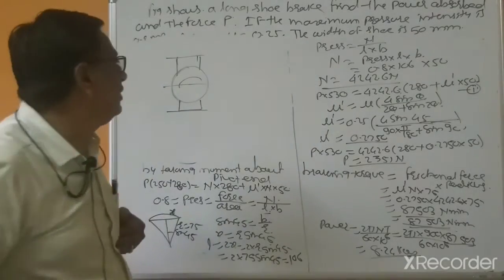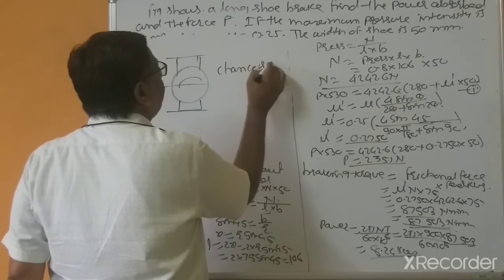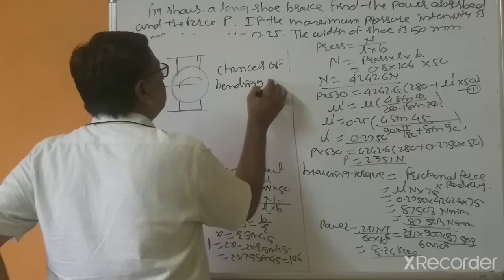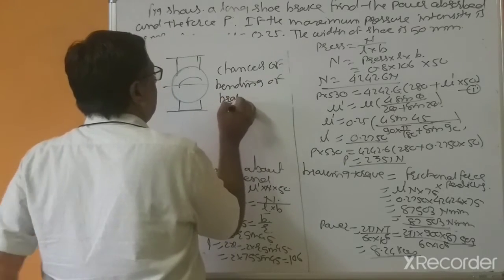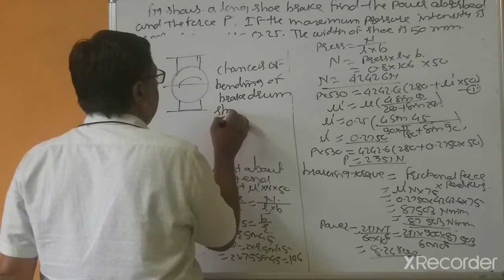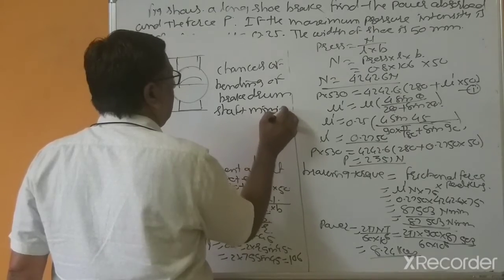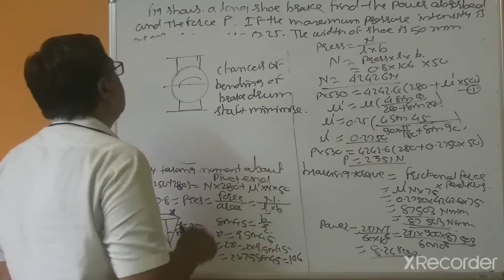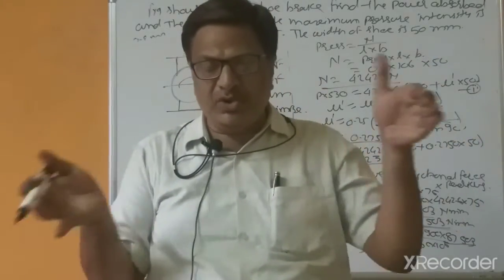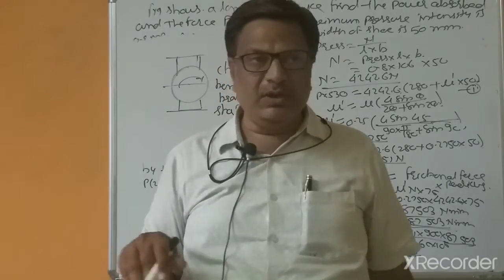In this case the chances of bending of the brake drum shaft are minimized. If the force is applied from both sides as equal and opposite forces, the chances of bending of the shaft reduce.